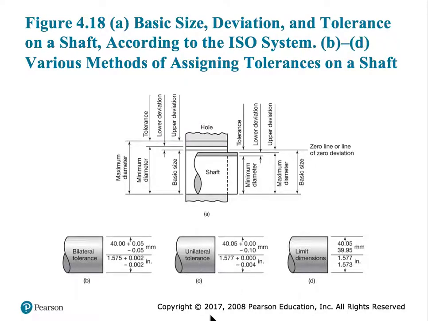Now, in this case, this one might say that it should be 40.05 plus 0 and minus 0.1 millimeters. So what does it tell you? It tells you that it cannot be oversized, it can only be undersized, and even the undersize has to be within a certain limit, etc. Why?